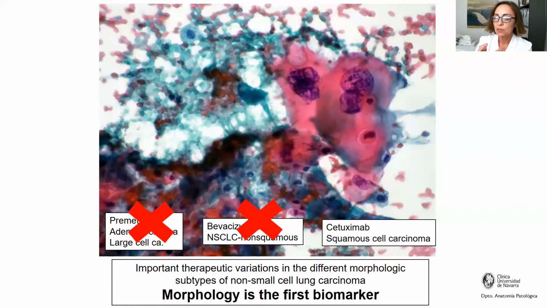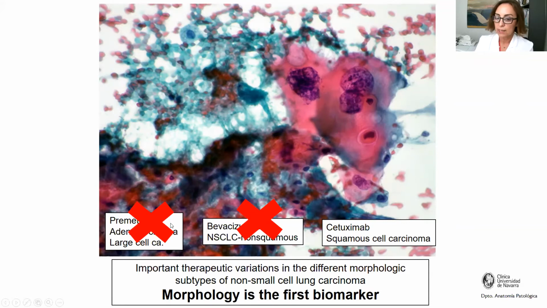But we cannot forget that morphology is the first biomarker. We have to transmit to our residents that, okay, we can do immunohistochemistry, NGS or whatever, but the most important thing is morphology. Everything is based on our morphological diagnosis. With this image, this is of course a squamous cell carcinoma.